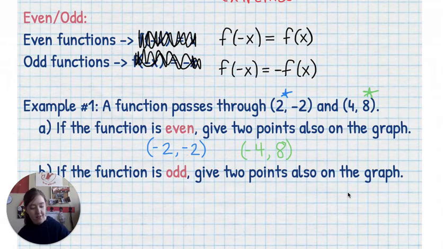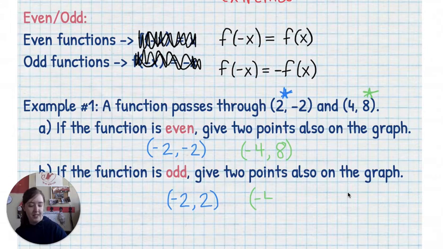So if I have a point on my graph at (2, -2), and my function is odd, I'm going to take the opposite of my x, and then my y is going to be opposite as well since it's odd. Okay? All right, now let's look at that (4, 8). So we had to take the opposite of our x, so that's -4. Now since it's an odd function, that's going to turn my y opposite as well. So it'll be (-4, -8).